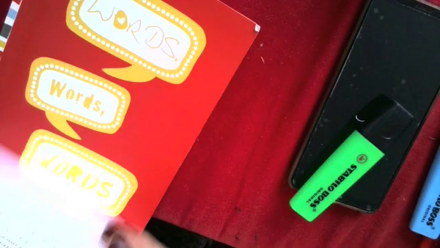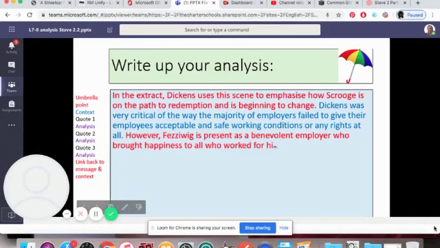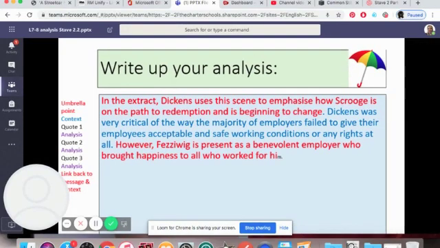Okay, Year 10. So please can you get your analysis paragraph written up for me? Just have a look at the following paragraph opener. It's not got any of the quotes analysed, but this is just an umbrella point, context, and then a little bit of the writer's message.